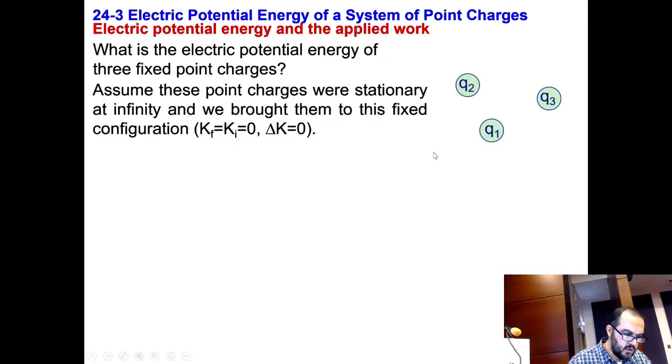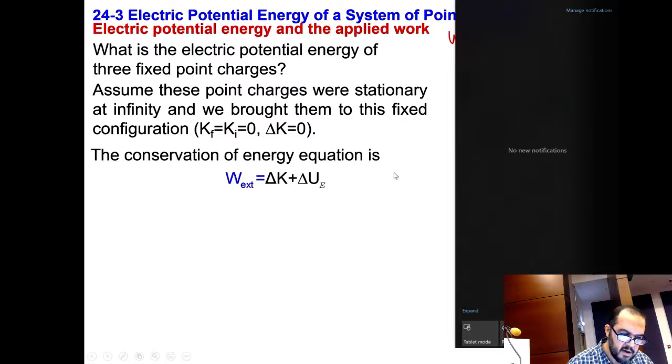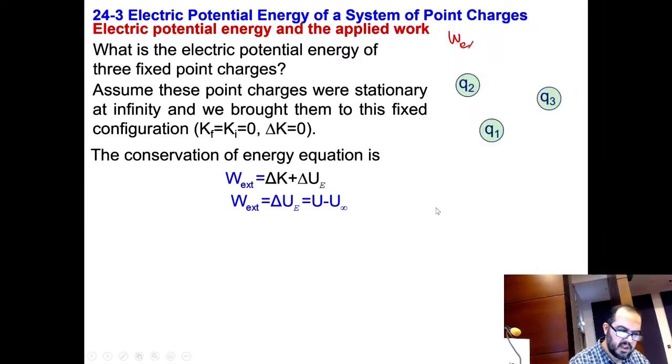In order to do this, we know from the conservation of energy principle that the work done by external forces is delta K plus delta U electric.